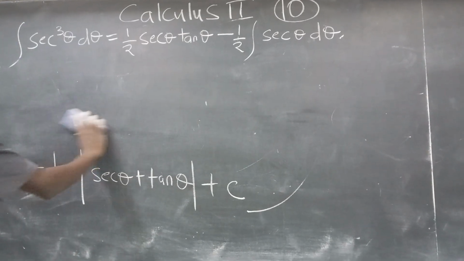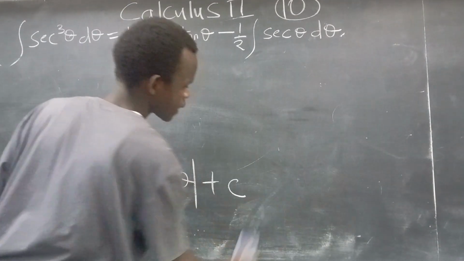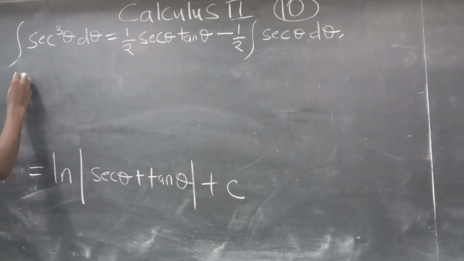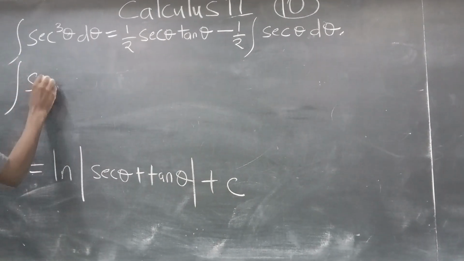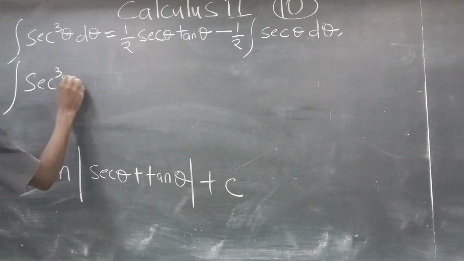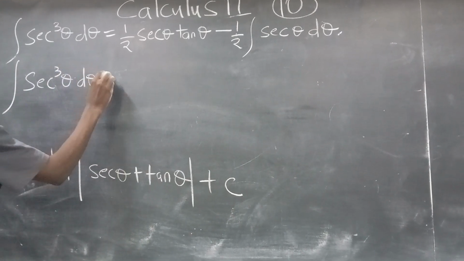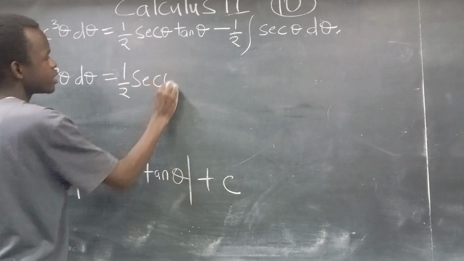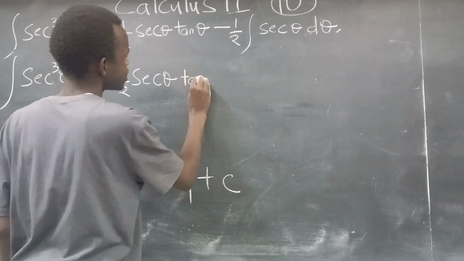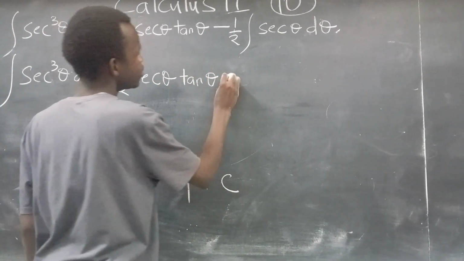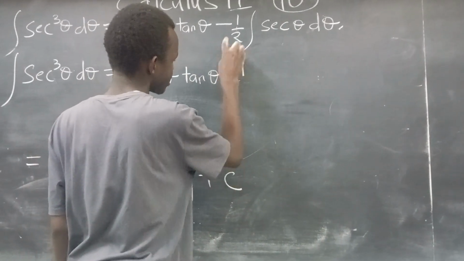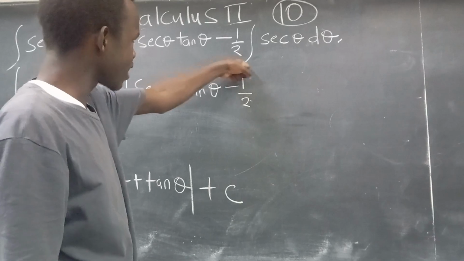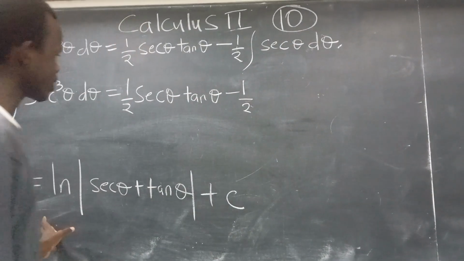So our final answer will be: the integral of secant cubed of theta d theta equals a half secant of theta tangent of theta minus, but now what's the integral of that part? The answer is this.